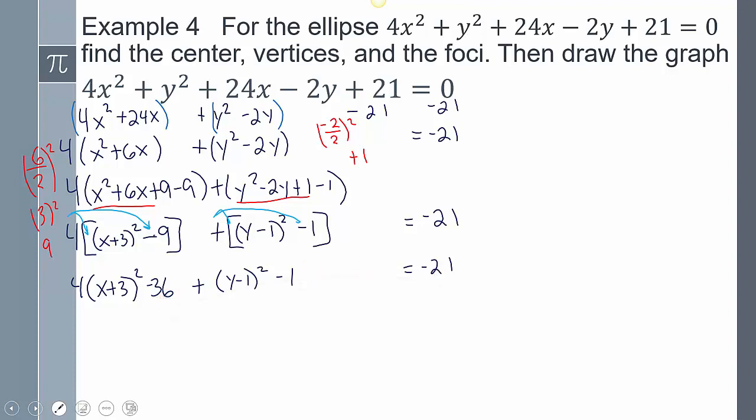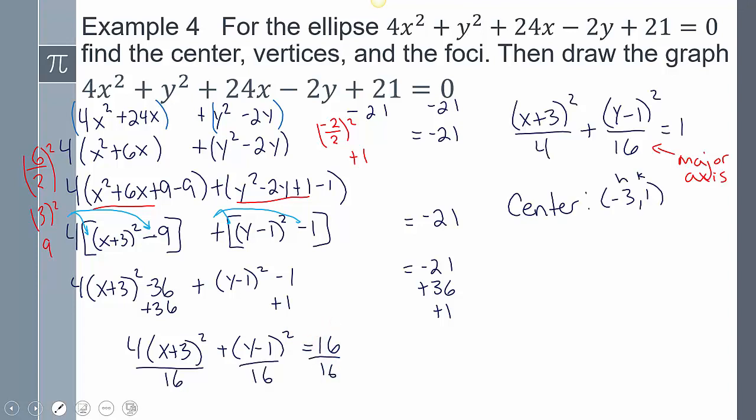Add 36 to both sides, add 1 to both sides, and so I'm going to get 4 times x plus 3 squared plus y minus 2 squared equals 16. That has to equal 1, so I divide everything by 16, and that's going to be my standard form equation.